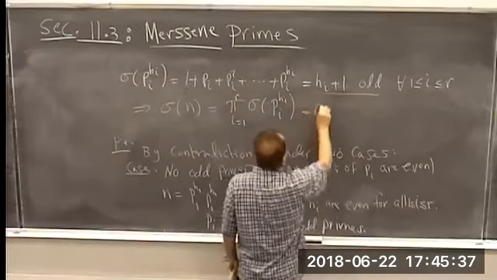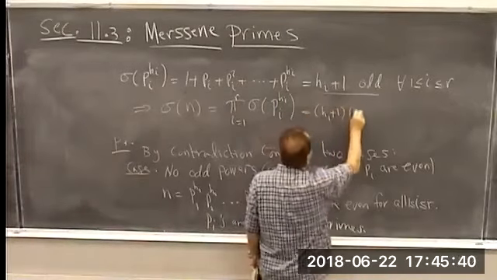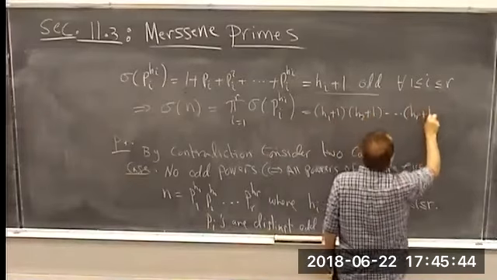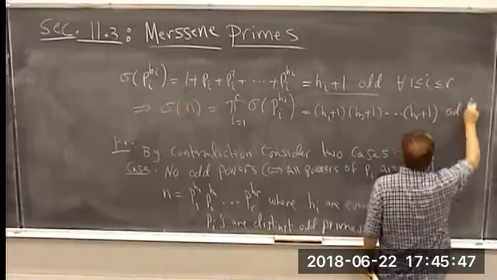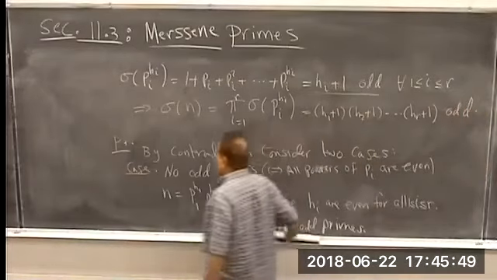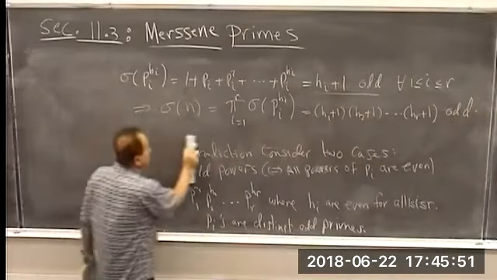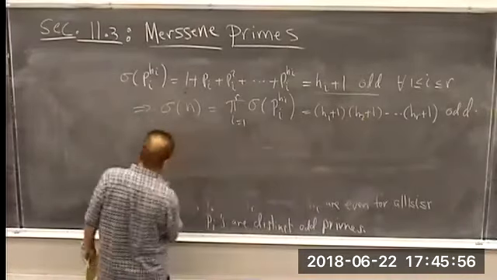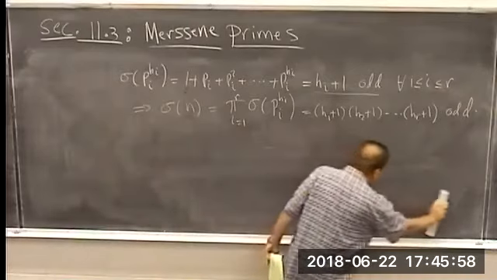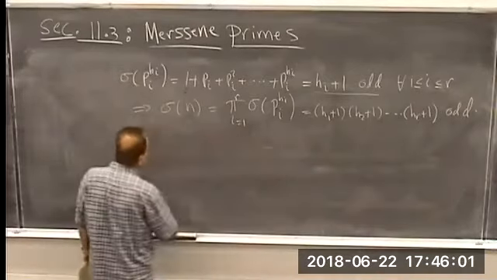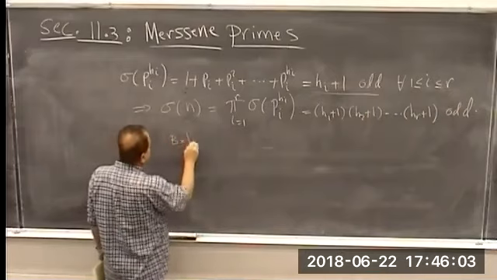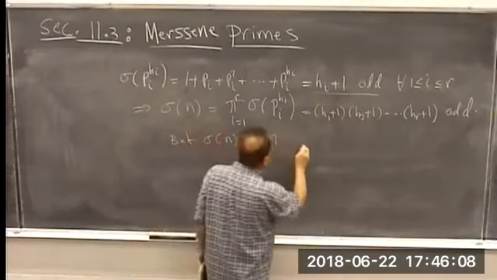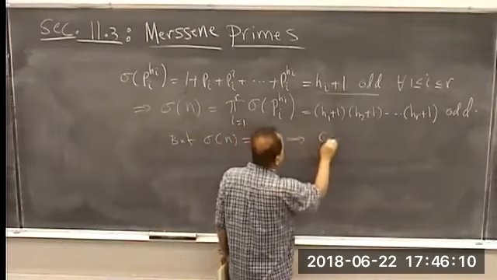So this becomes h_1 plus 1, h_2 plus 1, and so on, and this is odd. Well, that's going to contradict, because we know that sigma of n is equal to 2n. But sigma of n is odd. This implies a contradiction.